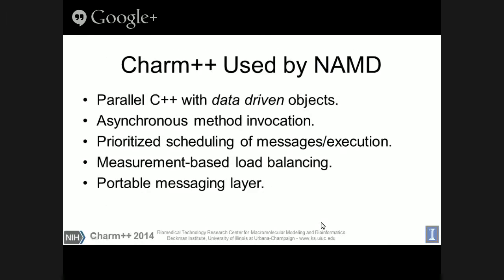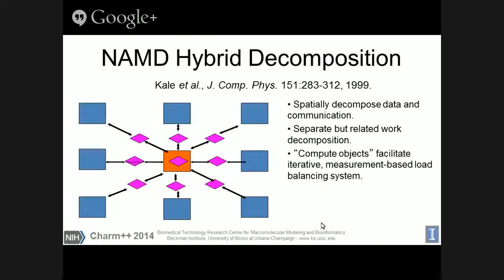So we use Charm++ basically as a parallel C++ with data-driven objects, asynchronous method invocation, prioritized scheduling of messages and execution, which is important for performance, measurement-based load balancing, and again, as a portable messaging layer, being able to optimize better than MPI for the Cray and the IBM networks.